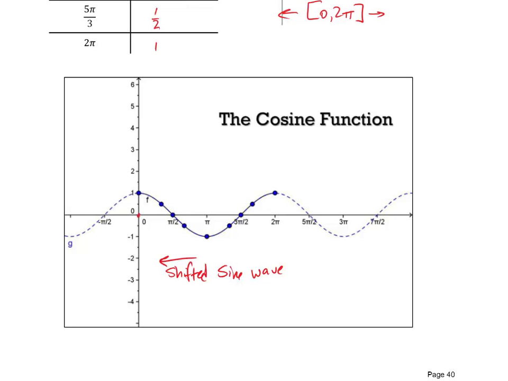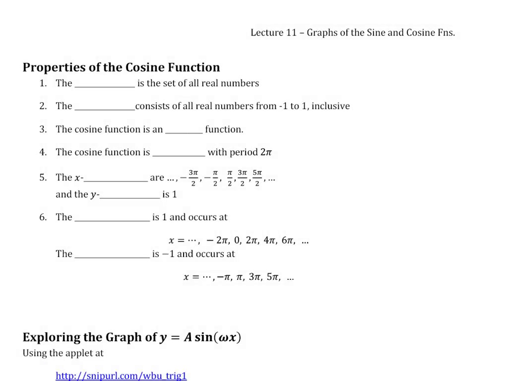But I want to take a look at a couple of properties that the cosine function has. By looking at the graph on the previous page, you'll see that we've got a lot of familiar, similar properties for the cosine function that we had for the sine function. For example, the domain is the set of all real numbers.